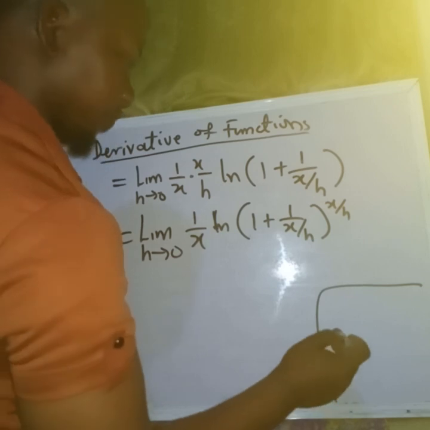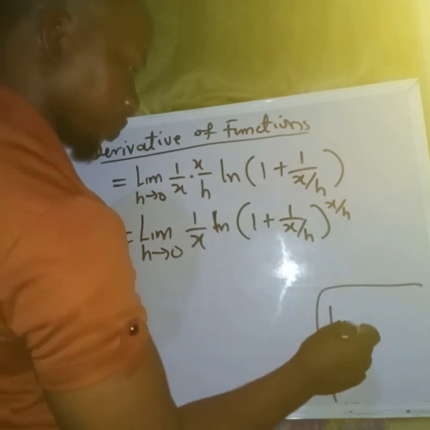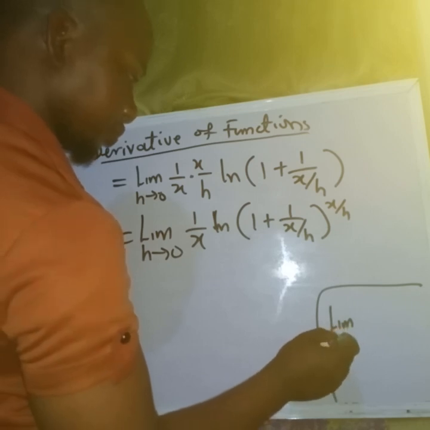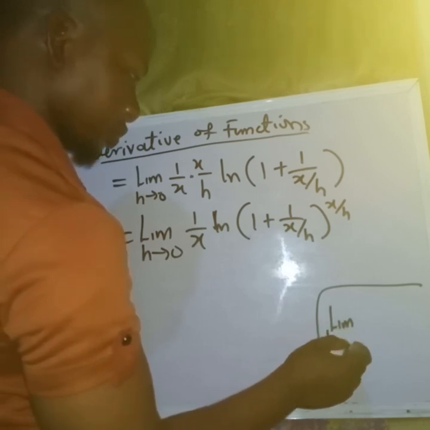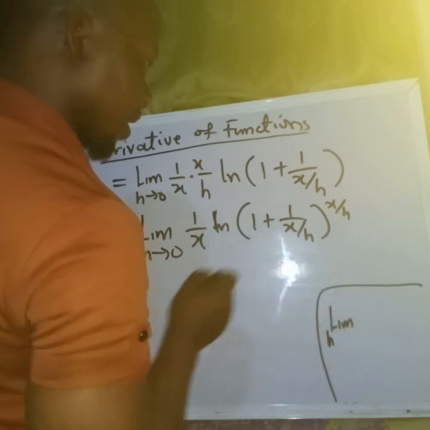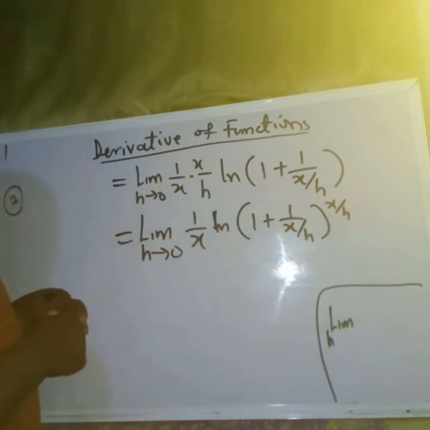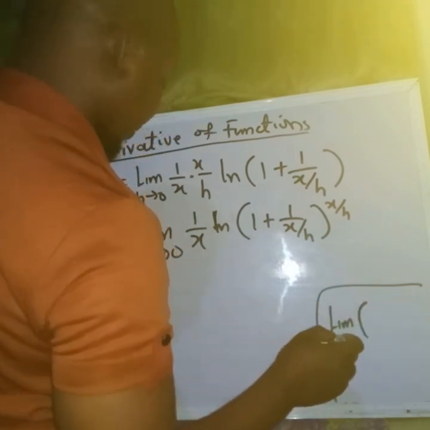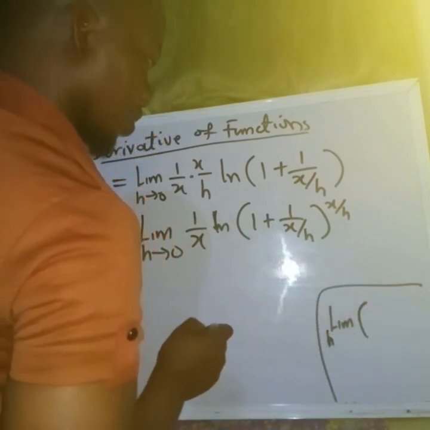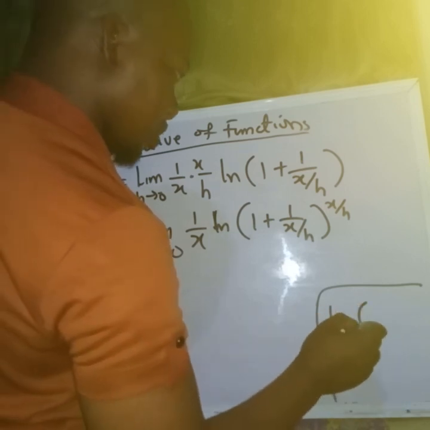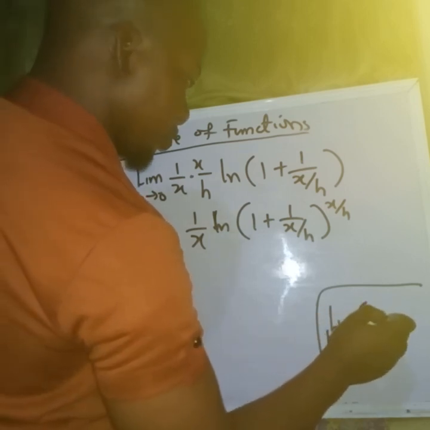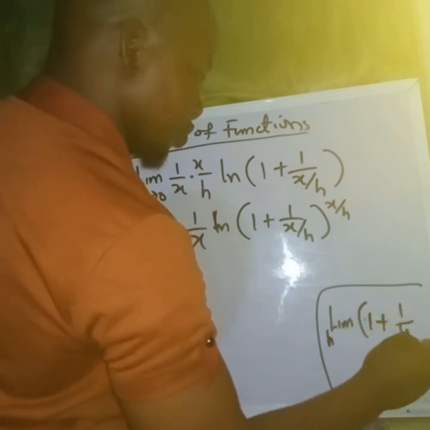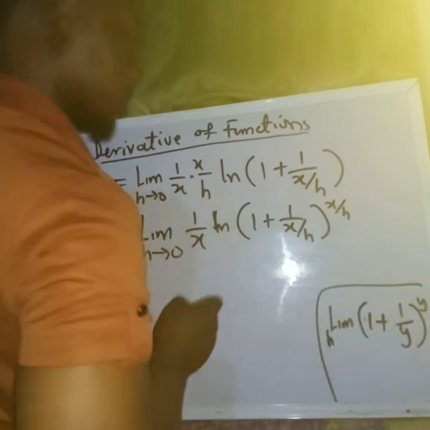If you have the limit of a function, let's say the variable is now y, for example, if you have the limit of a variable y to the power of y.